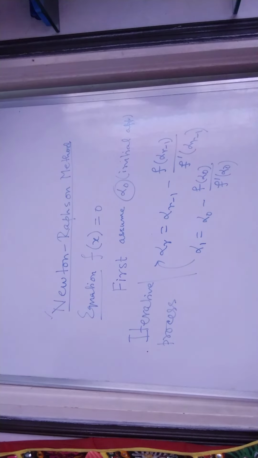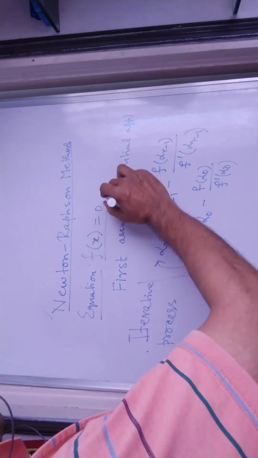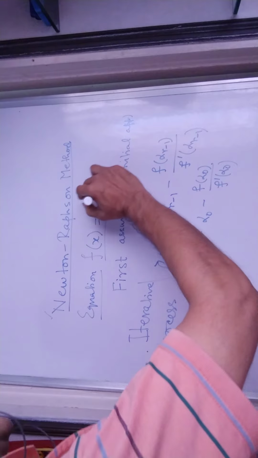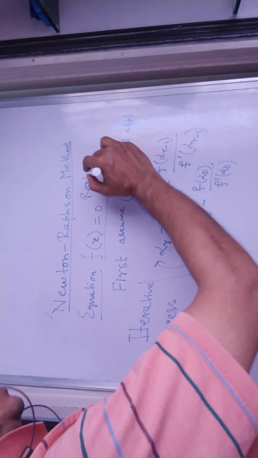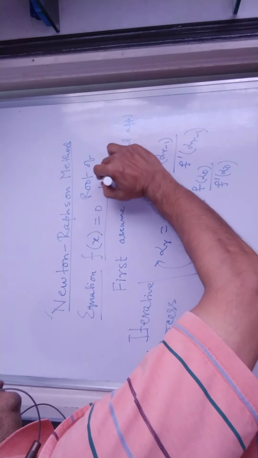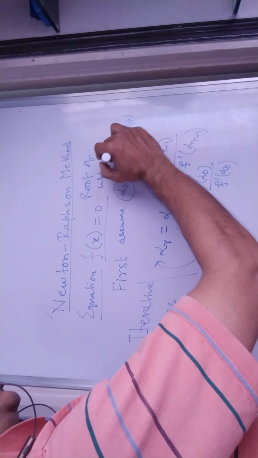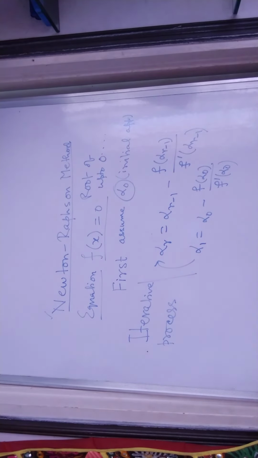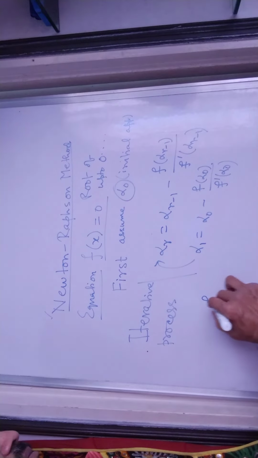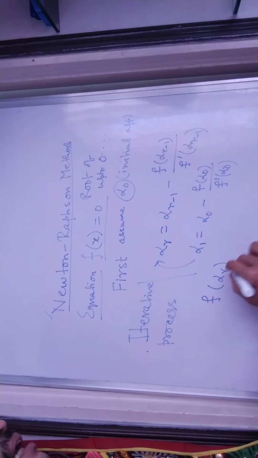So when should we stop? Simply depending on the tolerance level. That is, our target is to find the root of this equation up to a tolerance level, say 3 decimal places after 0. So we would like to calculate f alpha r and test whether this is less than this.